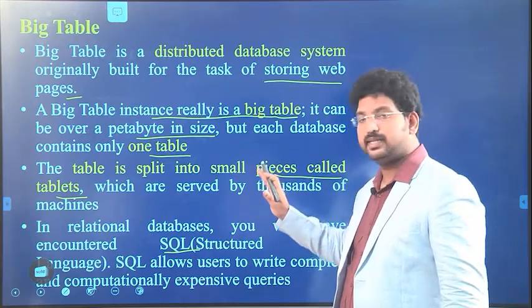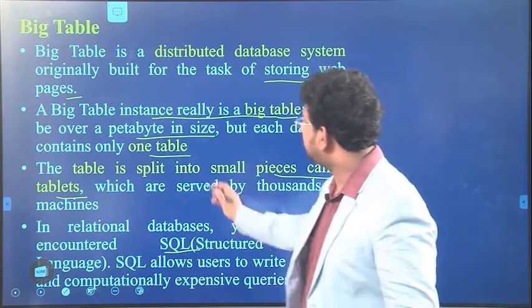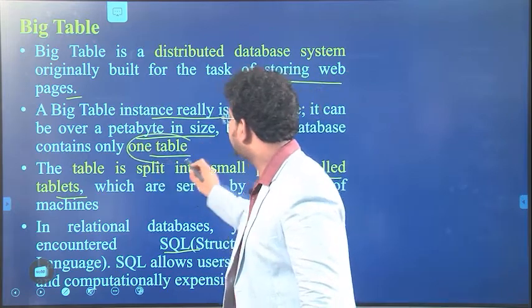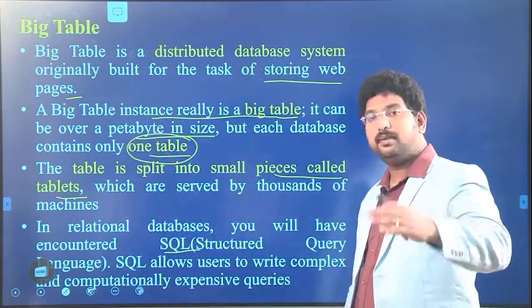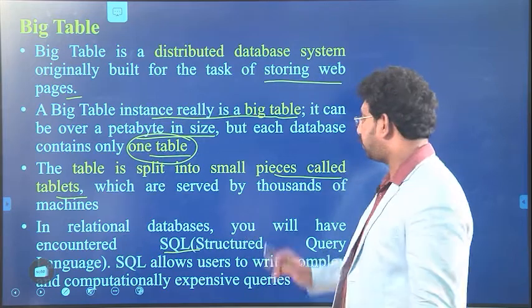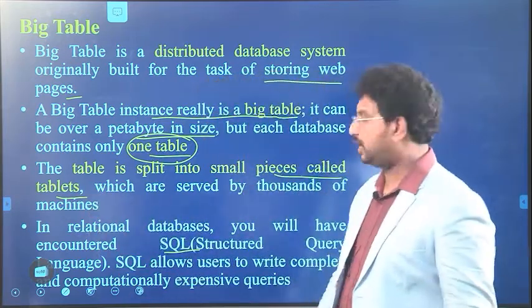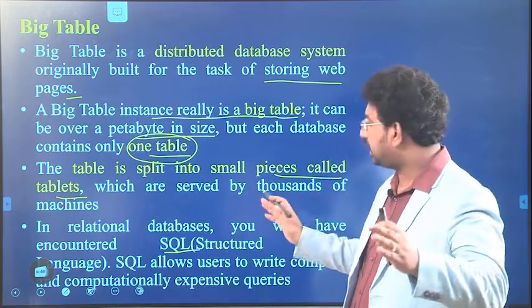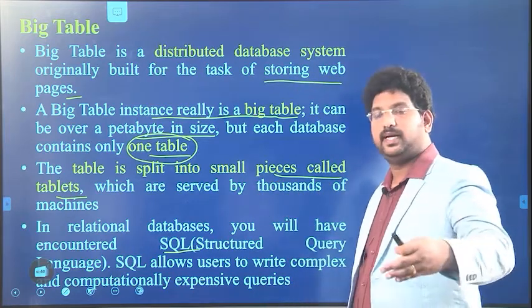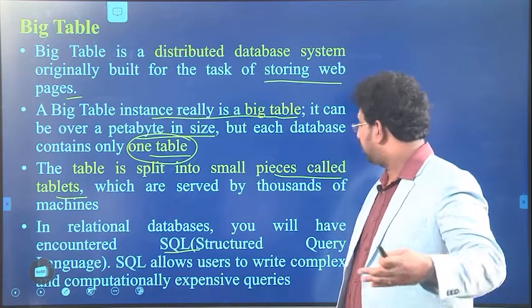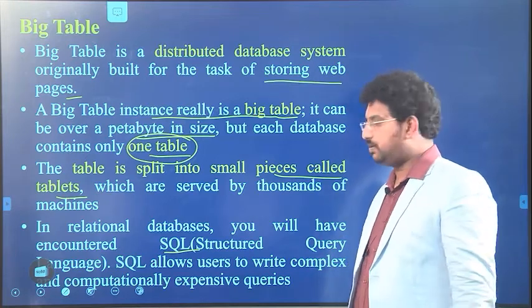But each database contains only one table. How many tables does it consist of? Only one. Now the table is split into small pieces, which we call tablets, and which are served by thousands of machines.